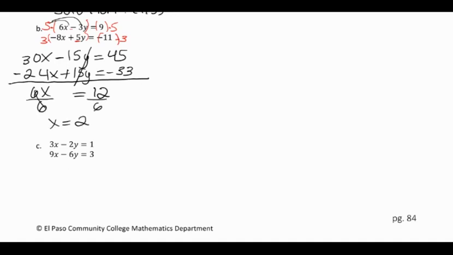X equals 2. We go ahead and plug in that value of x in either of my original equations. So we have 6 times x, but now we know that x is 2, minus 3y equals 9. So 6 times 2 is 12. Minus 3y equal to 9. Subtract 12 on both sides.